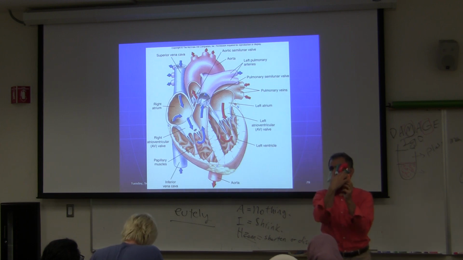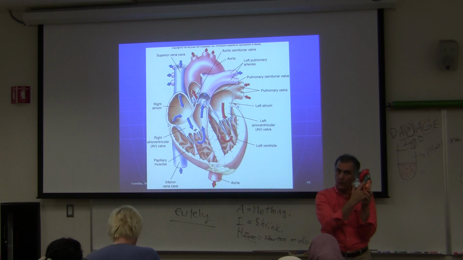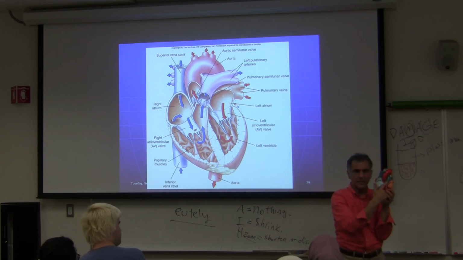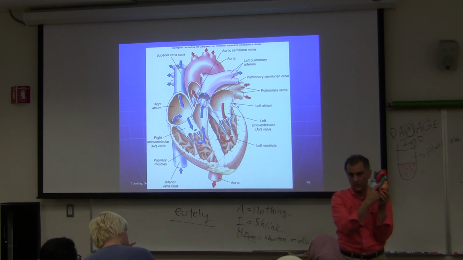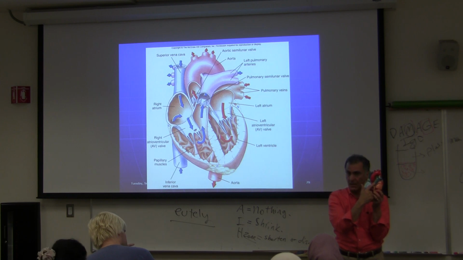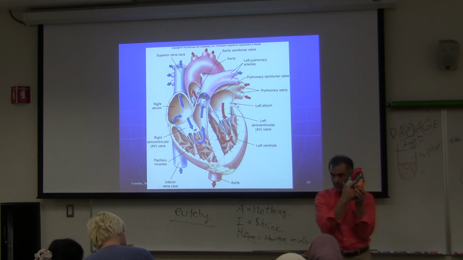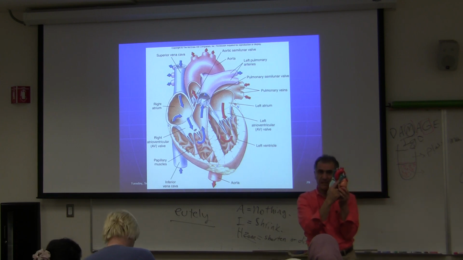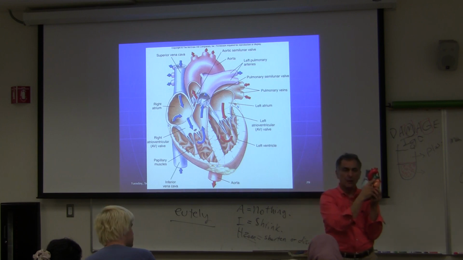Then it goes to the pulmonary artery. An artery always takes the blood away from the heart. A vein brings blood into the heart. So this is an artery, it takes the blood away from the heart. And where does it take it to? Lungs.